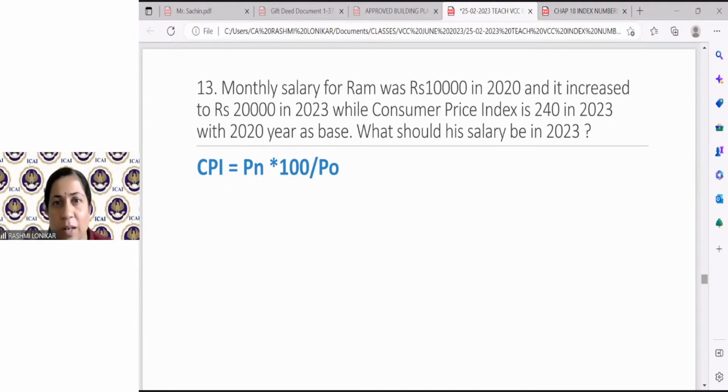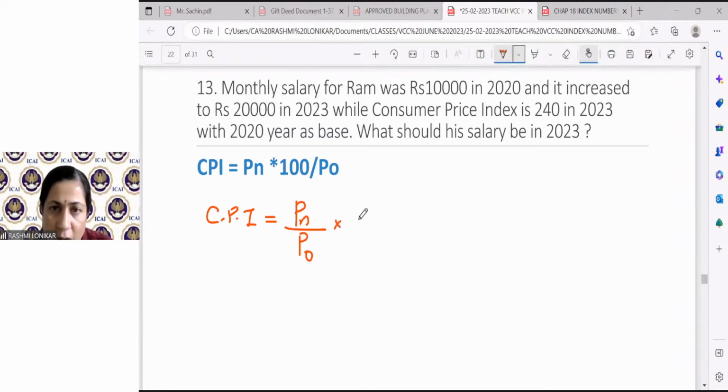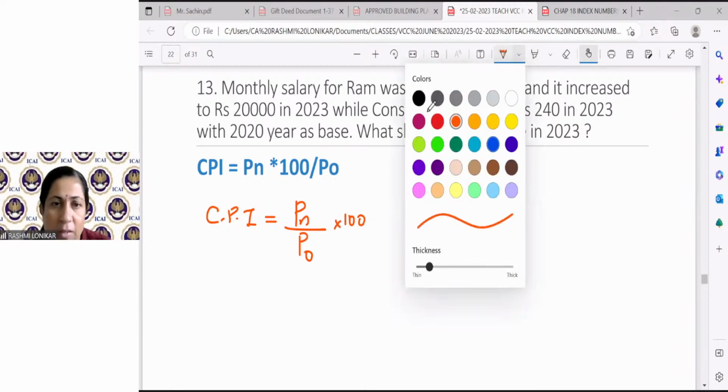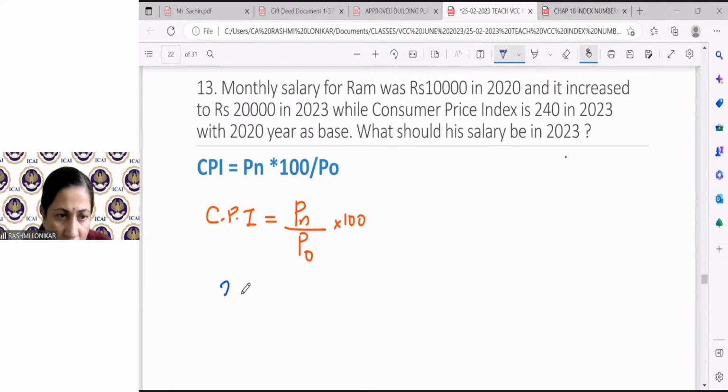So even though the salary has doubled, it is not sufficient to meet my expenses. So consumer price index is equal to current prices upon base prices into 100. Okay. So how much is it? This is 240. They've given you. So what is the price?